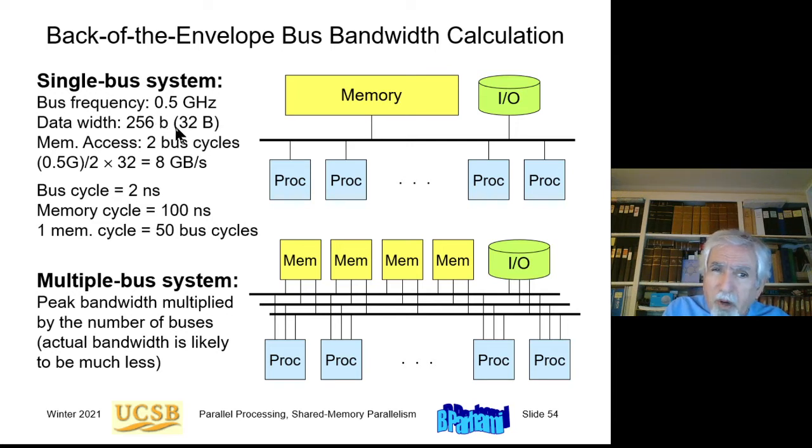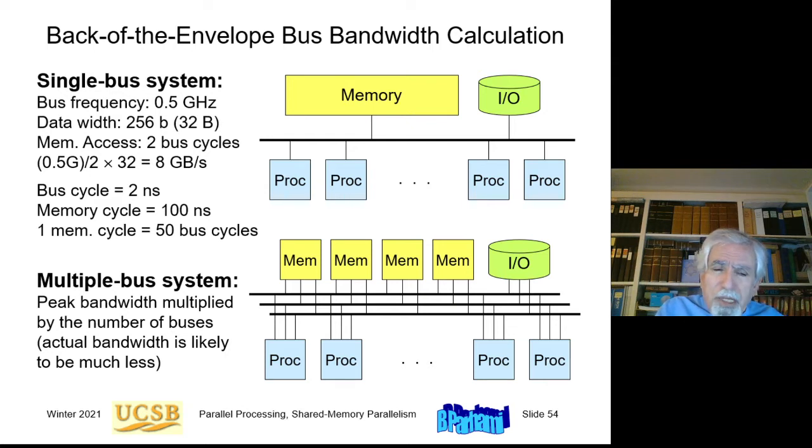Typically, buses are wide in modern processors. We don't have 32-bit buses, but we have much wider buses. Let's say memory access takes 2 bus cycles, one to send the request and one to receive the data. Then the memory bandwidth with a single bus will be 8 gigabytes per second.